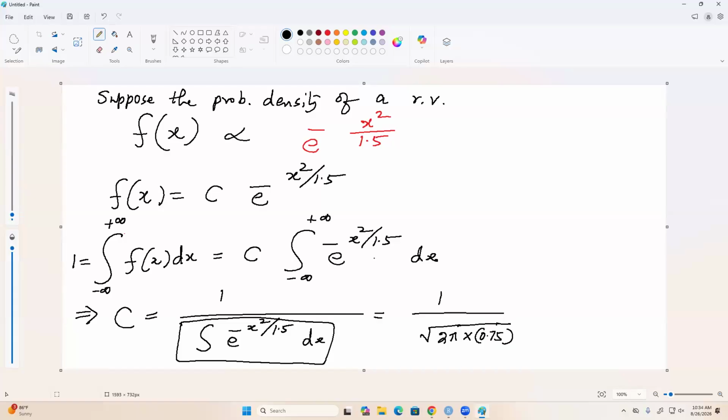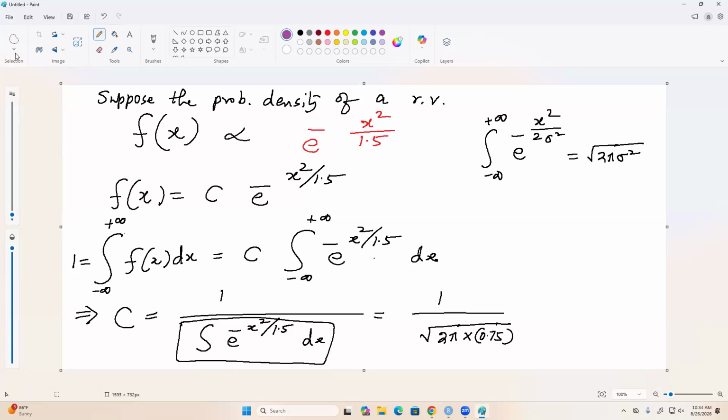Why 0.75? Because the rule is the following: the integral from minus infinity to plus infinity of e to the power minus x squared over 2σ² equals the square root of 2πσ².